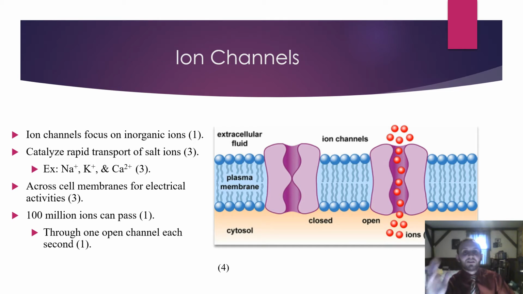I mean, can you imagine a lot of cars just going through a long highway? They allow millions and millions of them to just pass by easily. Well, think of it that way. They can pass through one open channel each second. That's a lot. And so they allow all these ions to just pass through easily.